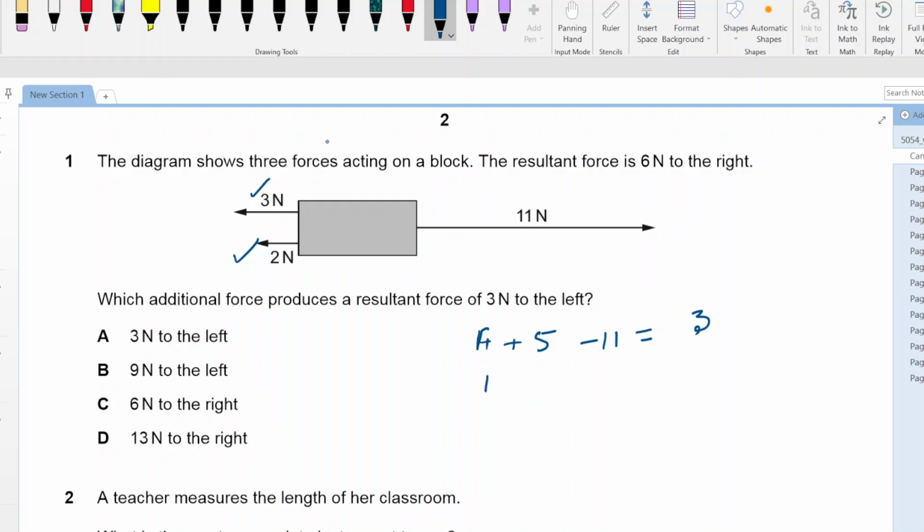Therefore, F equals, from here, minus 6, 3 plus 6 equals 9 Newton.